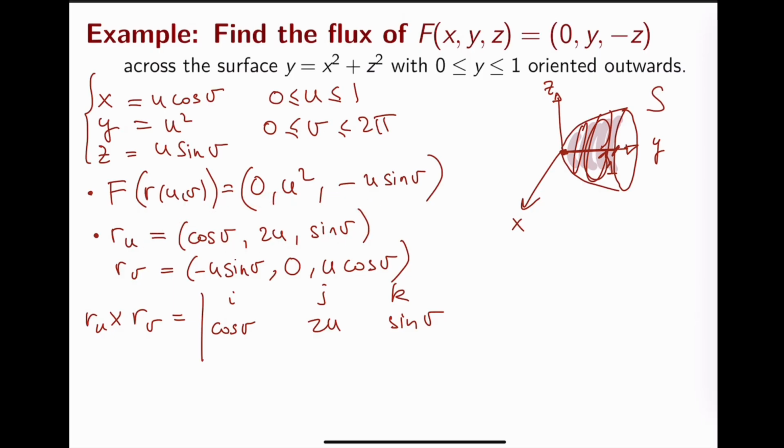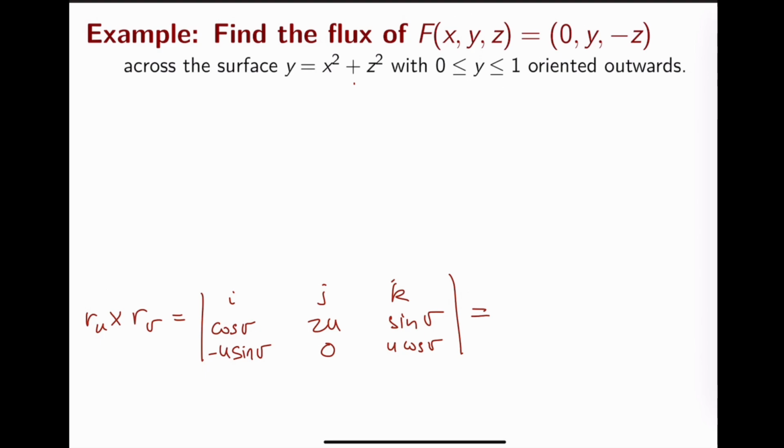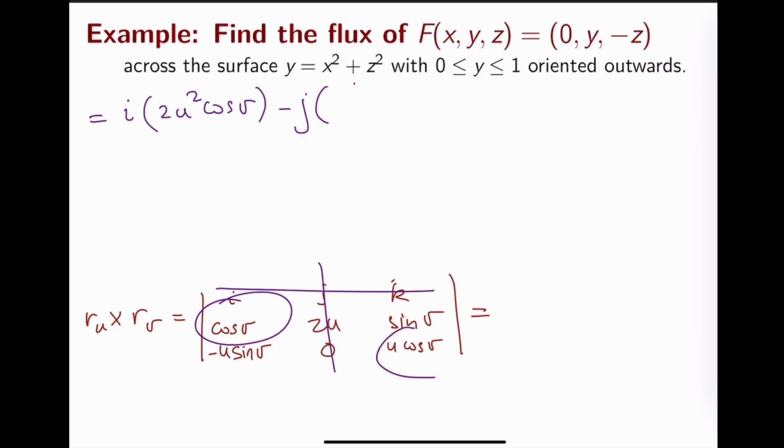This is the second row, and this is going to be the third row. So the determinant is going to be i times this minus this. This is going to be just 2u times u cosine of v, minus j, and so the determinant, when we eliminate this, should be this times this minus this other 2.